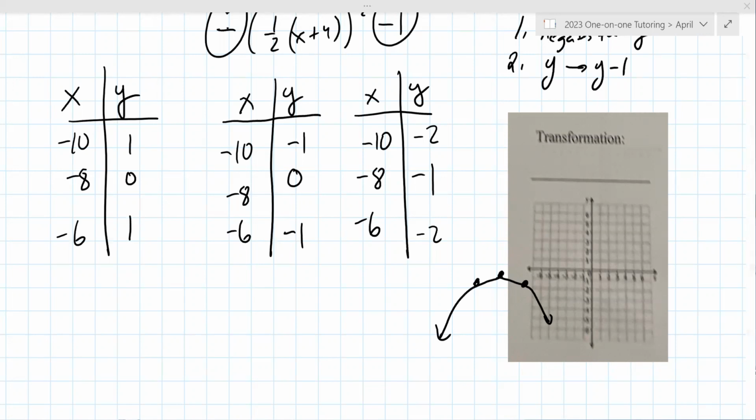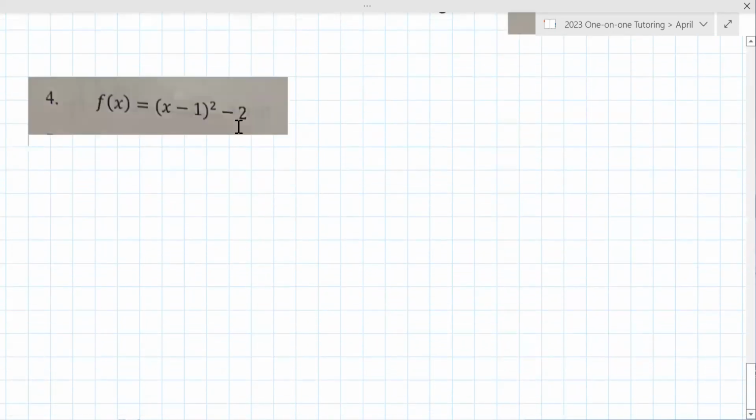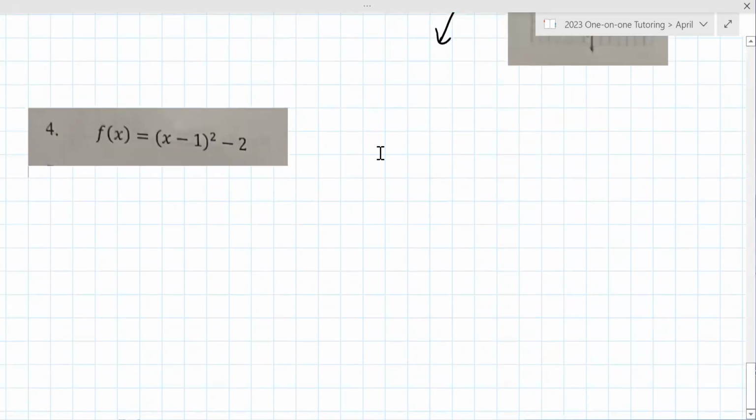Let's see here, number 4. Okay, so here's number 4. Sorry about that. Can you tell me the parent function?